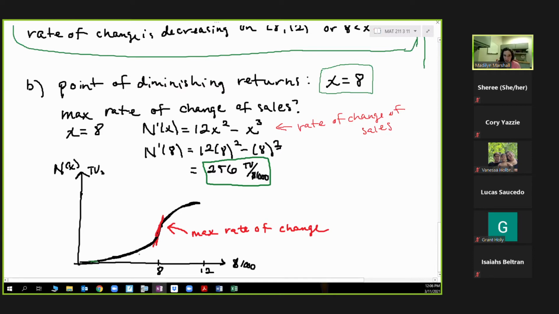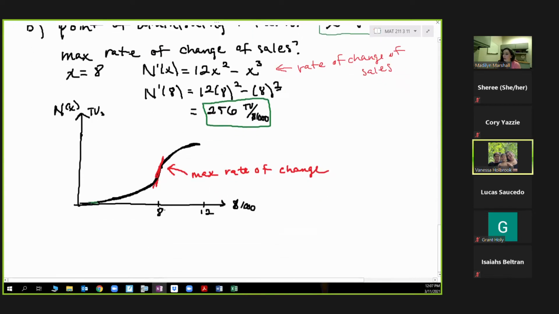The thousands of dollars are what we are in control of. We can spend however much money we want on advertising, and the sales, the change in sales, follow from that. Sorry, I'm trying to switch my brain from programming. Yes.